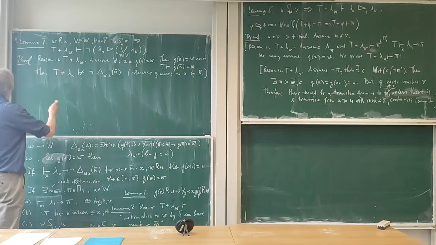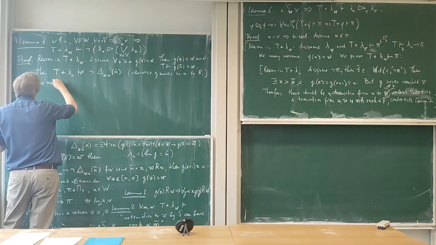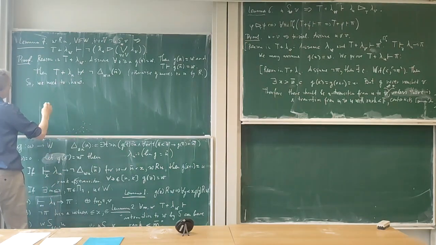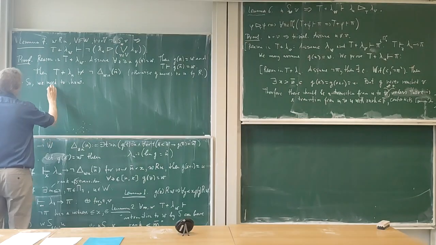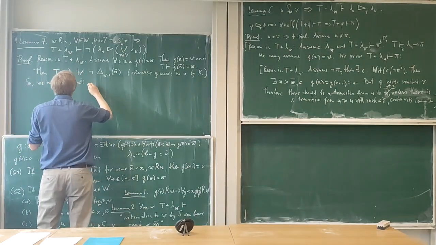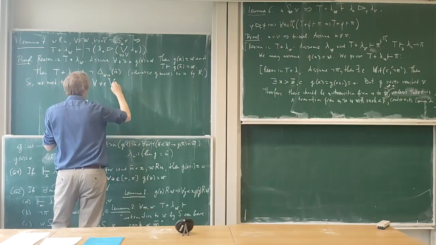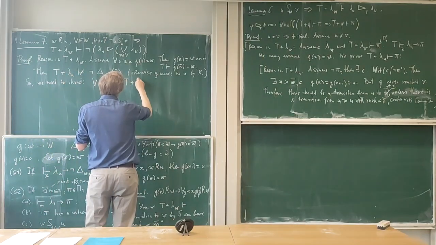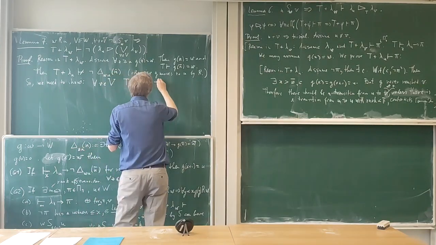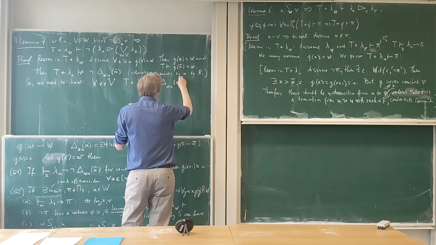Okay. We need to show, or it is sufficient to show, that for all V from V, T plus lambda V proves not delta of n.